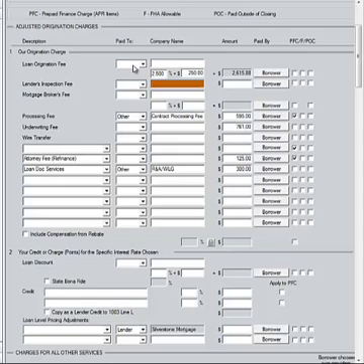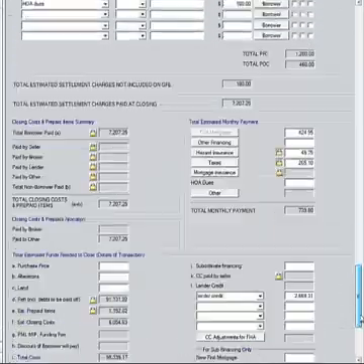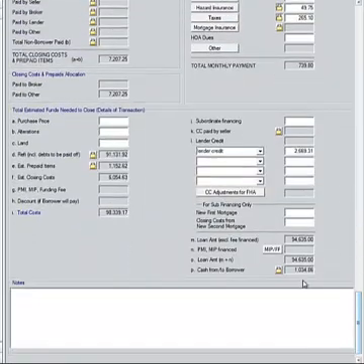Now, because the loan was already making 2 7/8, couldn't we just simply not charge this and be done with it? Well, let's look at what that would do. So let's go to the bottom and look at this real quick. Cash from borrower is about $1,000.